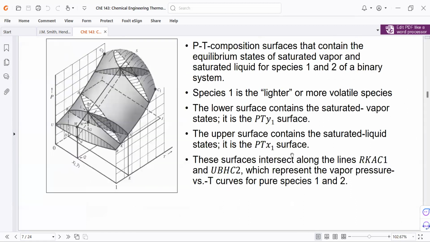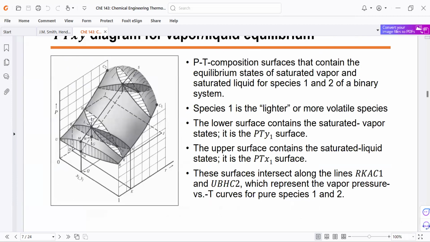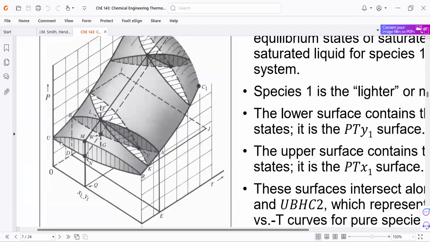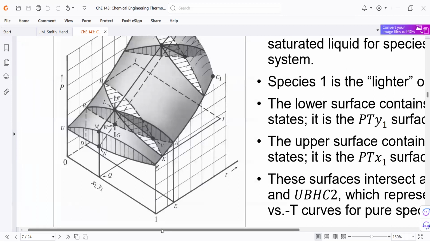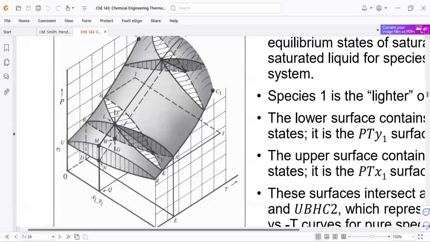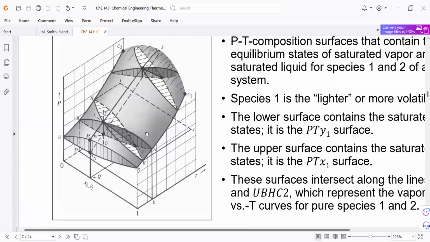These lines represent the vapor pressure versus temperature curves for the pure species. Why? Because these lines are along the surface where the composition is either 0 or 1 for x. If the composition is 1, then it's pure species 1, because our composition is based on chemical species 1.